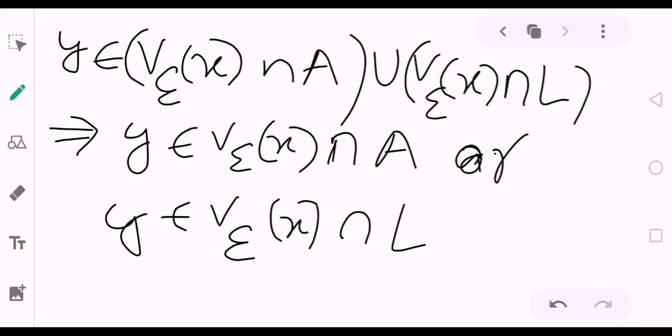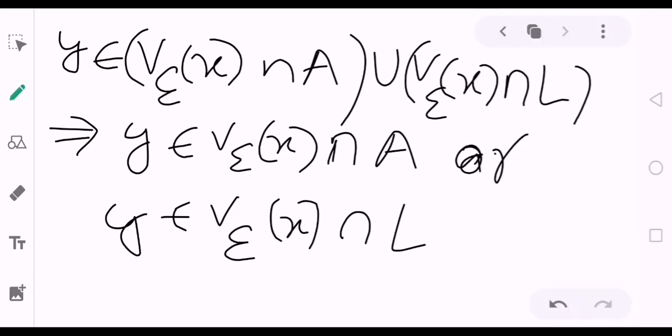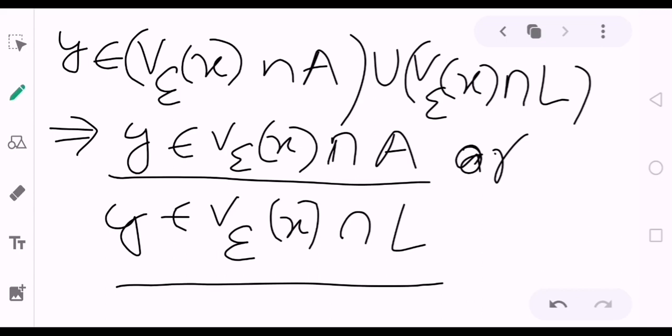Again, we consider these two: this one as case 1 and this one as case 2.